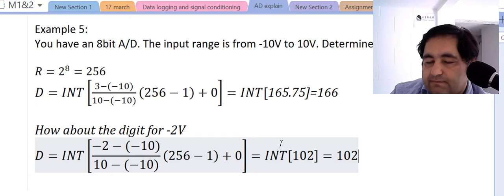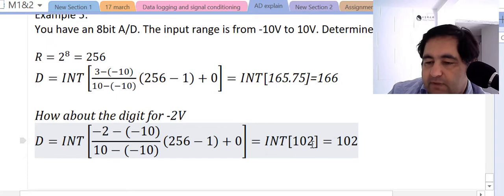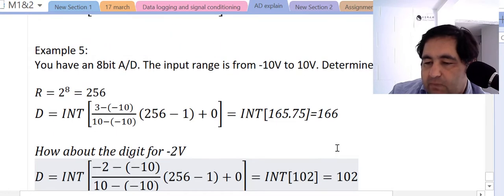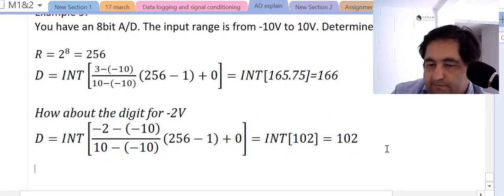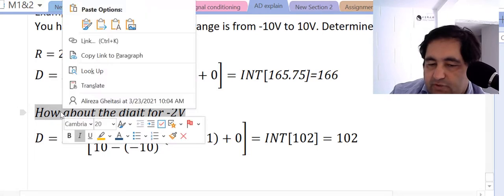Now what is going to happen if we wanted to go for a different number? For example, one more example to make sure that you are having it.